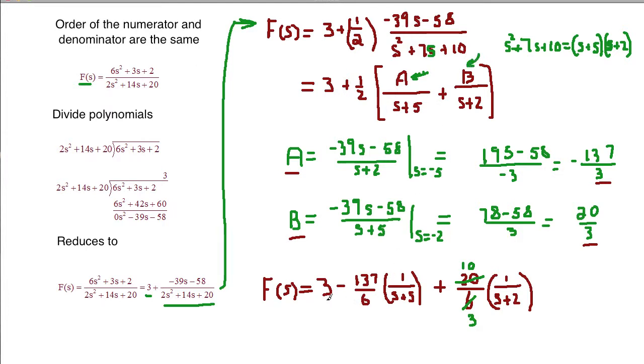F of s is equal to 3, and then 137 divided by 3 multiplied by a half gives me 137 divided by 6, times 1 over s plus 5, plus 1 half times B, which is 20 divided by 3 times 1 half, that's 20 divided by 6. 20 divided by 6 cancels into 10 divided by 3, so I get 10 divided by 3 times 1 over s plus 2.